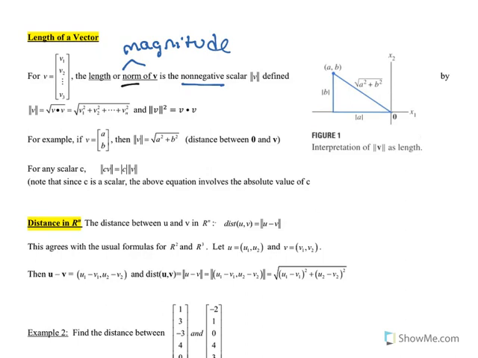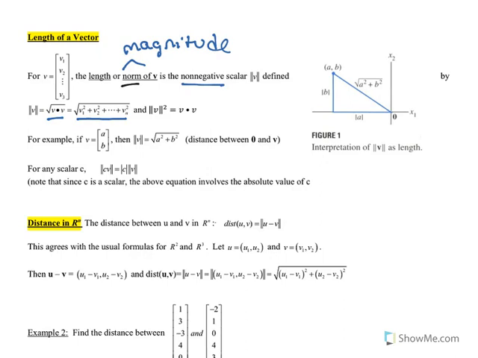We can get that from the fact that the magnitude is defined by the square root of the vector dotted with itself. Using the representation we just did on the last page, that's a sum of squares. And the square root of a sum of squares is going to be positive, and we're considering it to be a positive number because we're considering it as a distance.